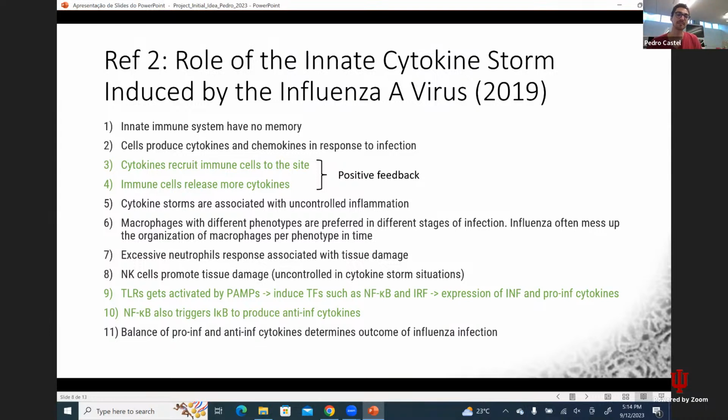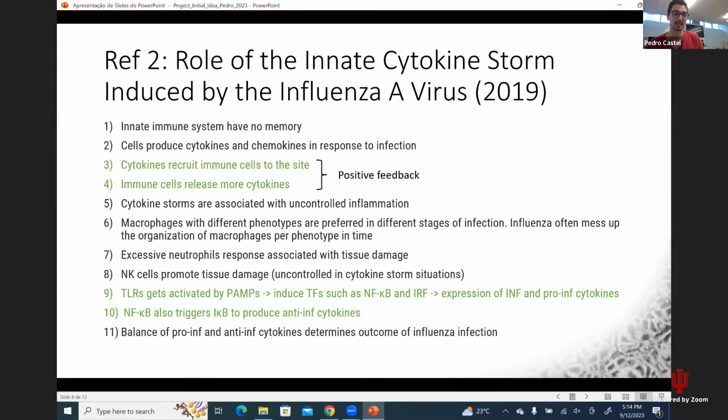And the same genes and transcription factors that induce the production of pro-inflammatory cytokines are the same that trigger other transcription factors that produce anti-inflammatory cytokines. So in some sense, they do two things.